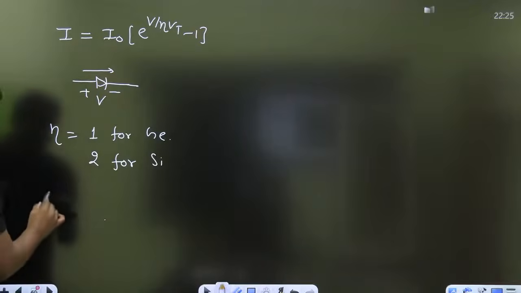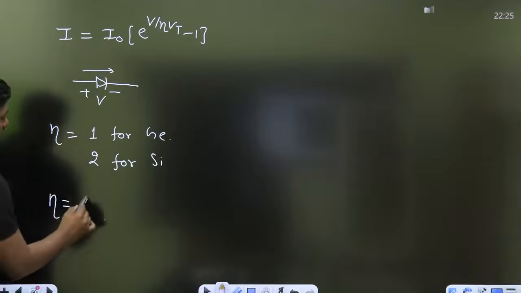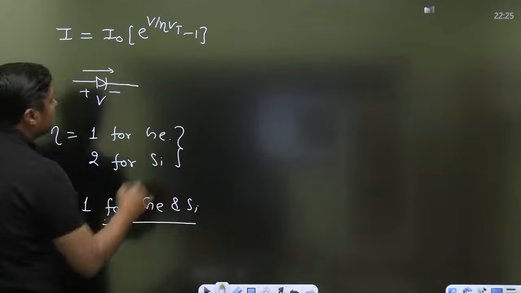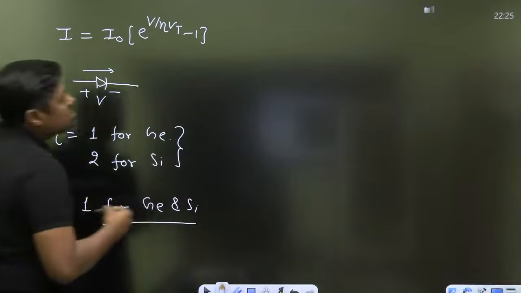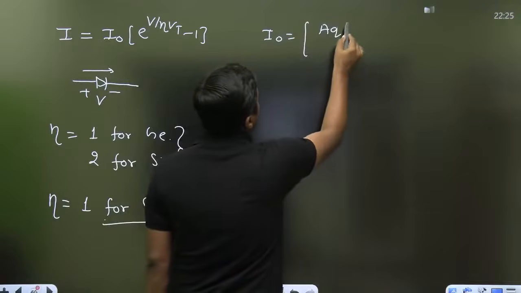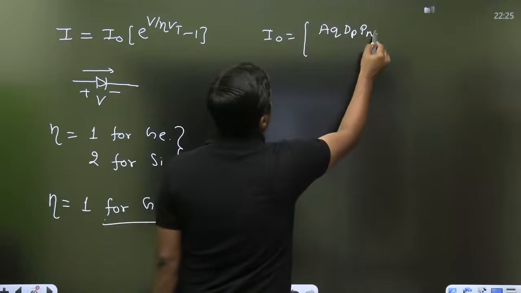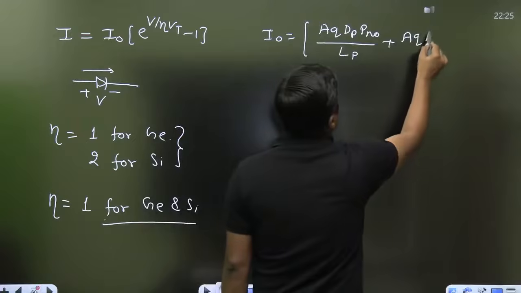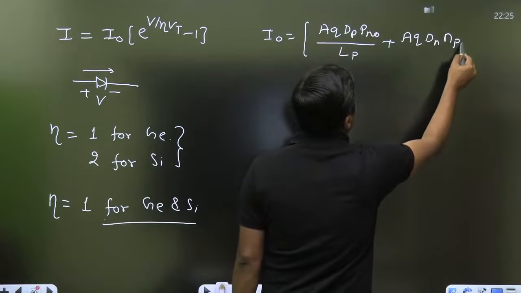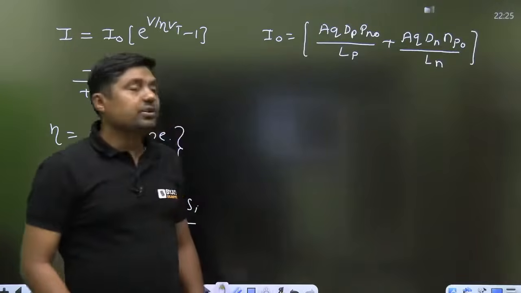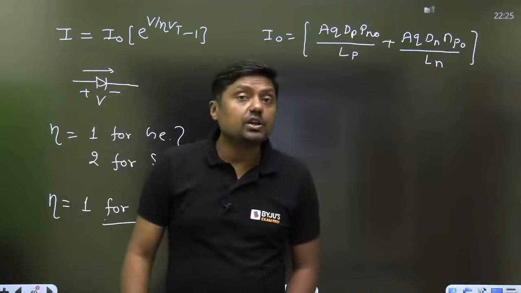If in any question high current is mentioned, then it is 1 for both germanium and silicon. If high current is mentioned, it is for rated current. Then I naught is called the reverse saturation current, and it is given by this formula.